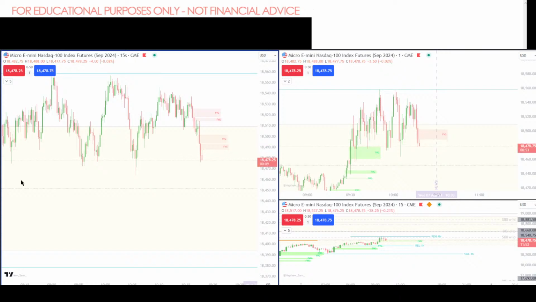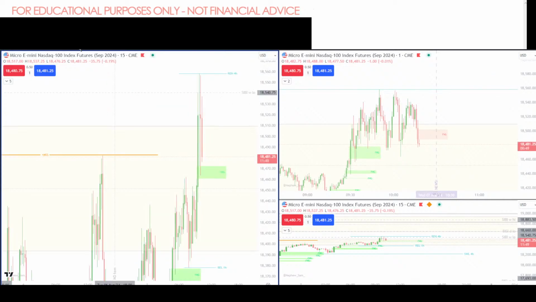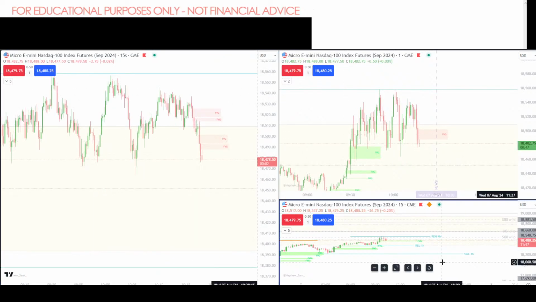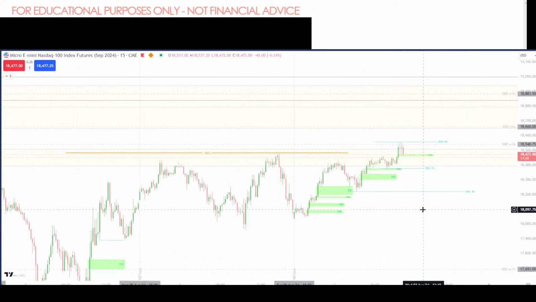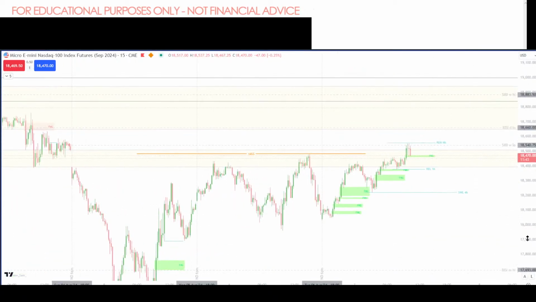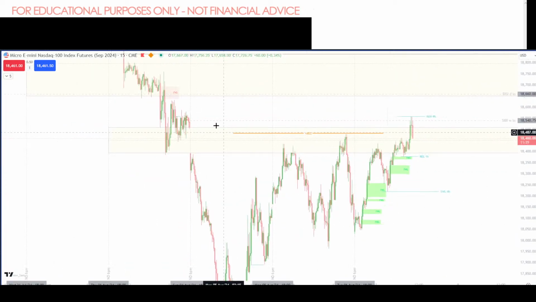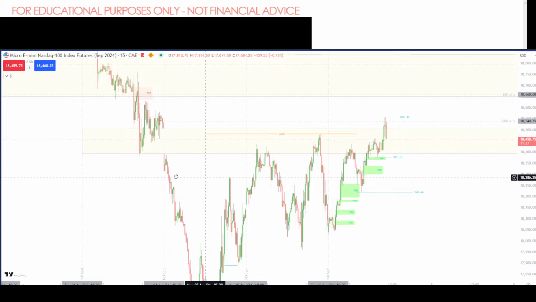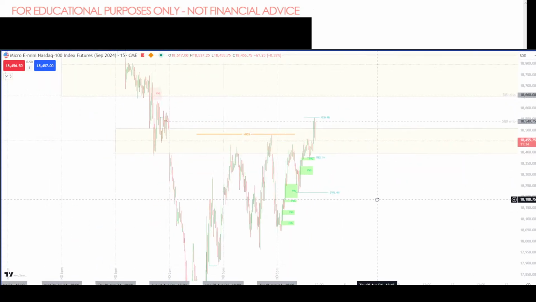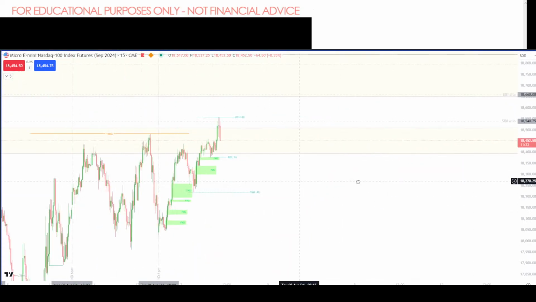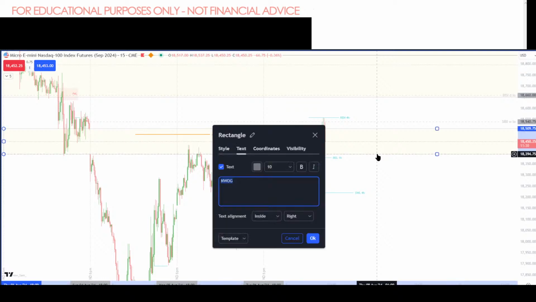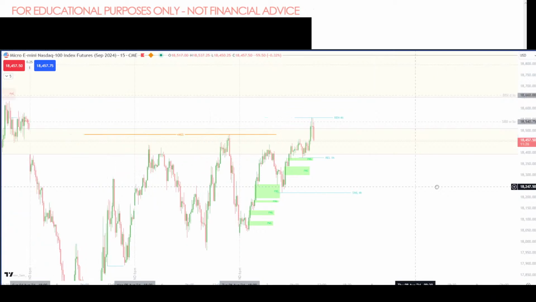Let's go back to the top-down analysis. We were just starting the 15-minute chart. Okay, so on the 15-minute chart, what do we notice? Well, this was a new day opening and a new week opening gap, I think. So we ran up through this new week opening gap.